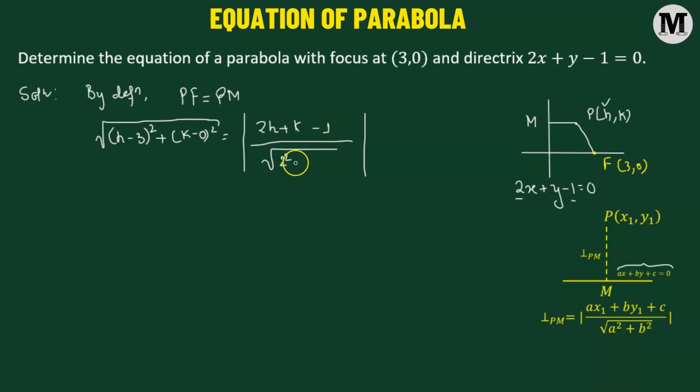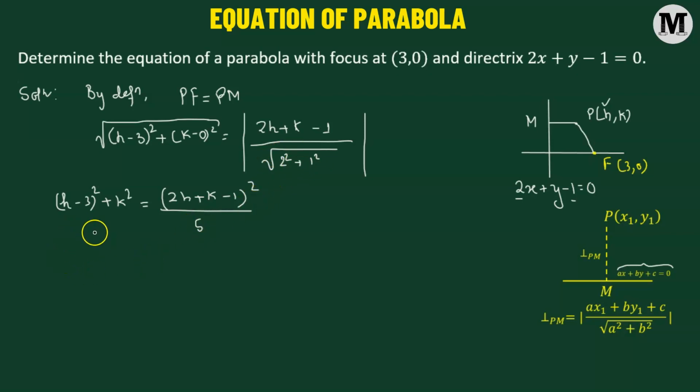That means we have 2 squared plus 1 squared. Now we'll square both sides to get (h - 3) whole squared added to k squared, equal to (2h + k - 1) whole squared divided by the square of the square root of 2 squared, that's 4, added to 1, so that's 5. We get the square root of 5, and squaring it gives us simply 5.